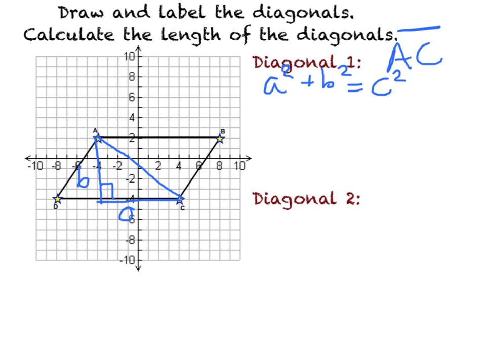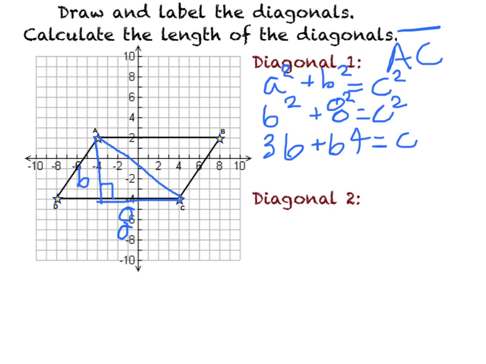So I'm going to put an 8 there. So I'm going to do 6 squared plus 8 squared. I'm calculating for my c squared, my hypotenuse. So I'll get 36 plus 64 equals c squared. I find the sum of 36 and 64, that's 100, equals c squared.